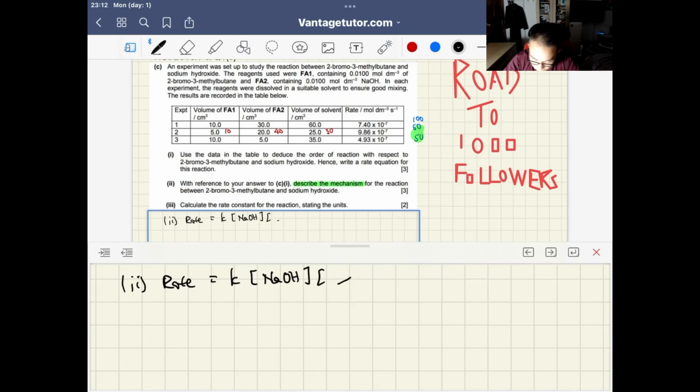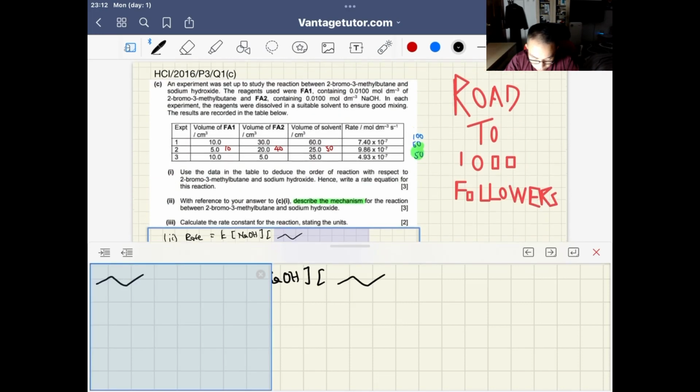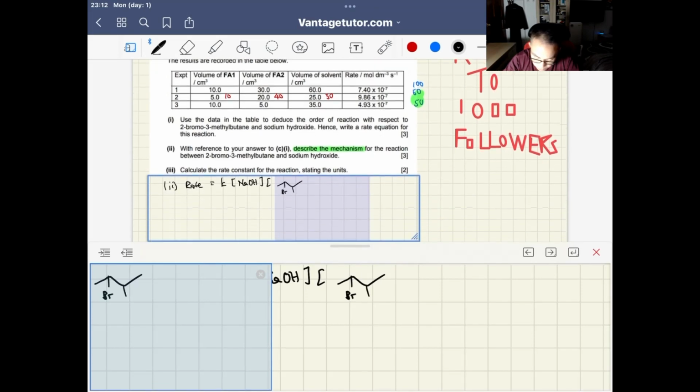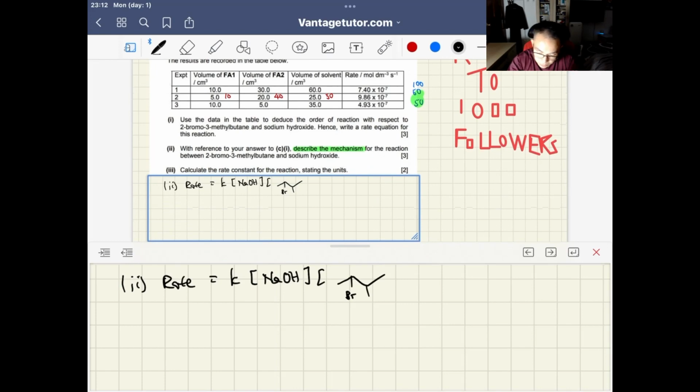So 1, 2, 3, 4, with 2-bromo and 3-methyl. You have a bromo over here, you have a methyl group over here. So you're expecting a reaction over here. Now most students, whenever they draw an SN2 reaction, tend to forget the inversion of the umbrella and the 3D structure. So I'm going to show you right now how to do it.